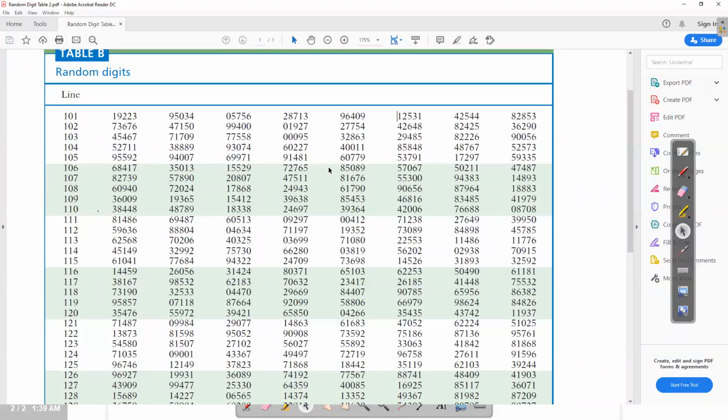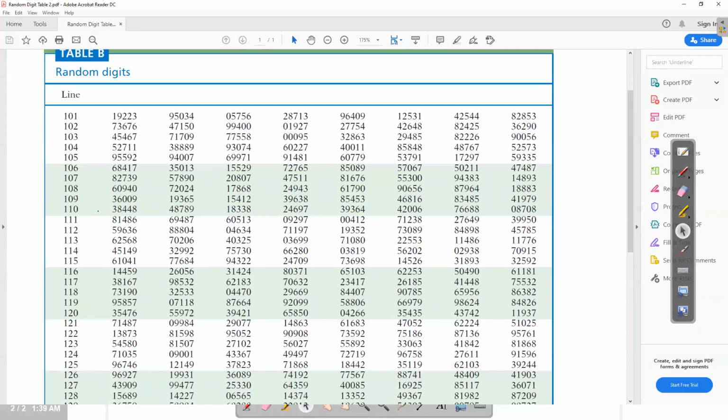The space is not meaningful at all. It's just to separate numbers so it's easy for you to refer to, right? So imagine just endless digits in a random sequence, one after the other, and that's what the table is for. And also the line identifiers: after you read from line 101, you continue to 102 and so on. Just keep on reading. Okay?